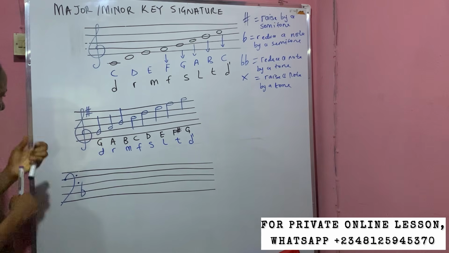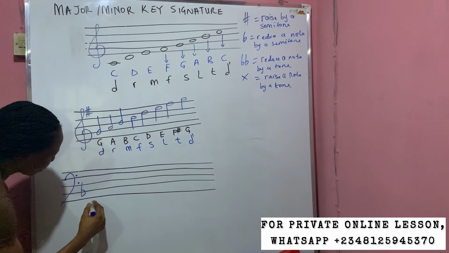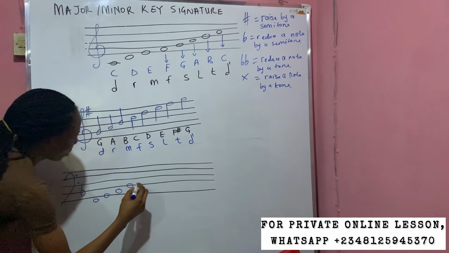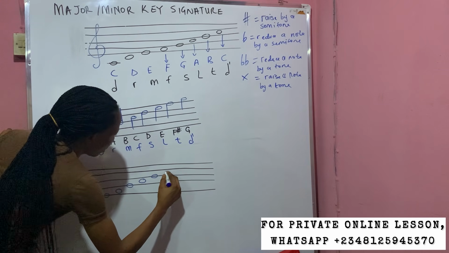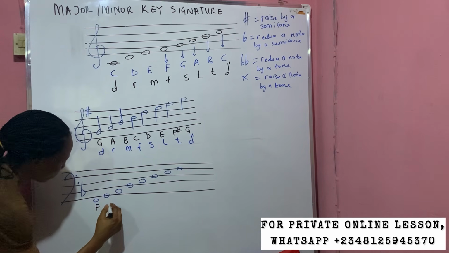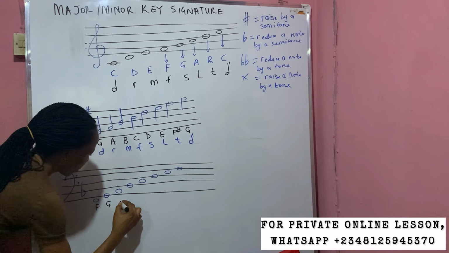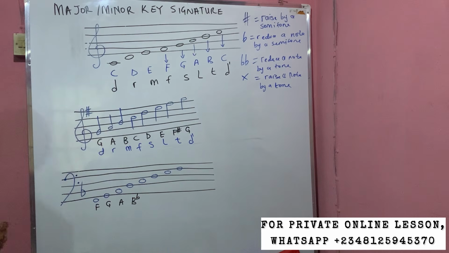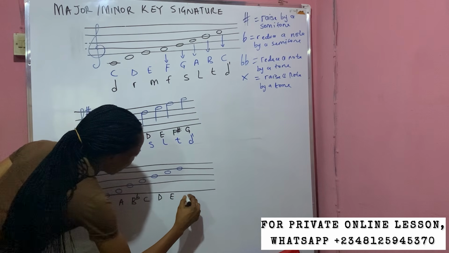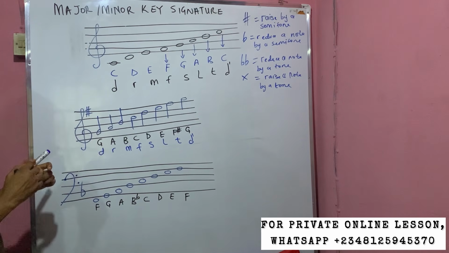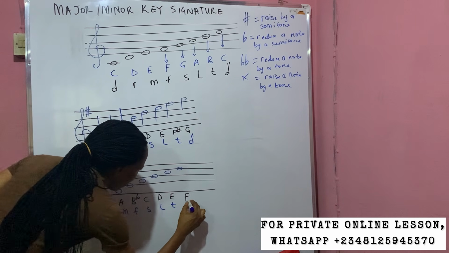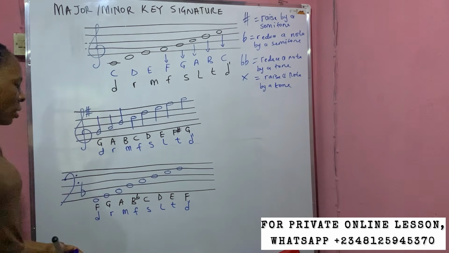Now F major consists of, I'm going to begin on this F: F, G, A, B flat, C, D, E, and F, which gives you do, re, mi, fa, sol, la, ti, and do. Now this is an octave higher.